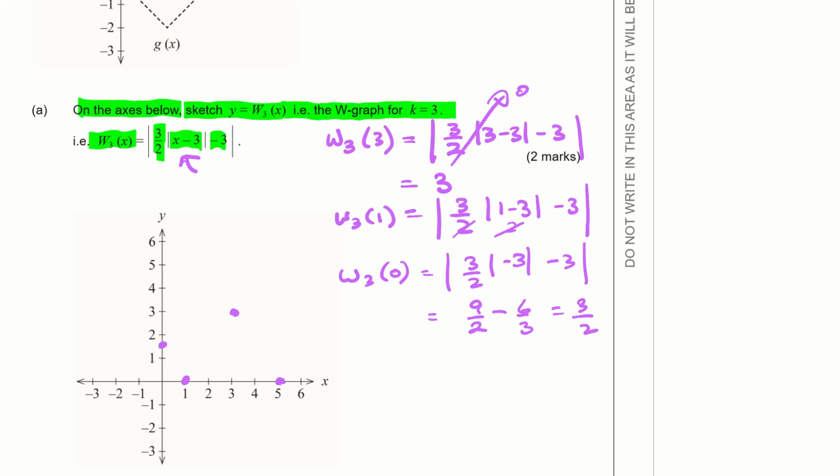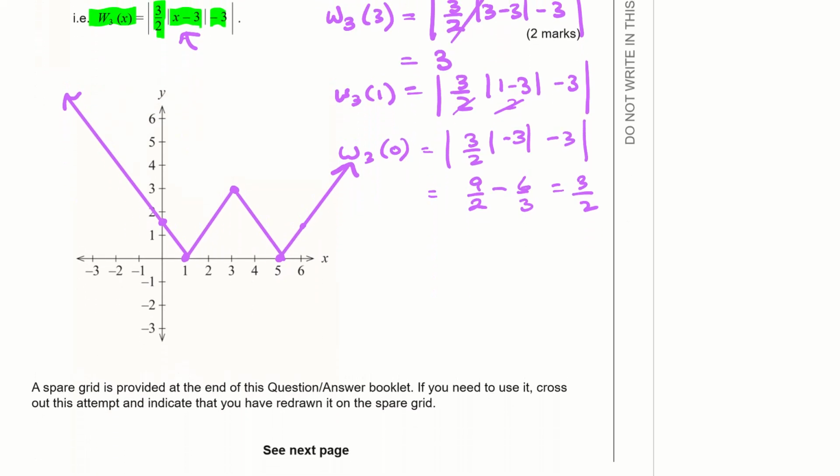So the y-intercept will be there, symmetry means that will be there, and we can probably draw the graph from there, like so. So it's going to look something like that. Well, we've got a spare grid if we need it.